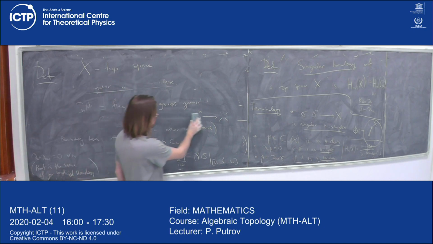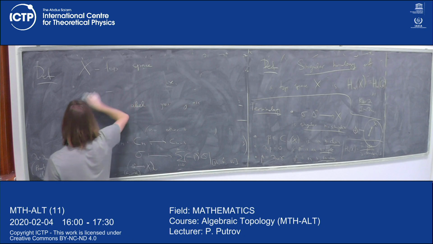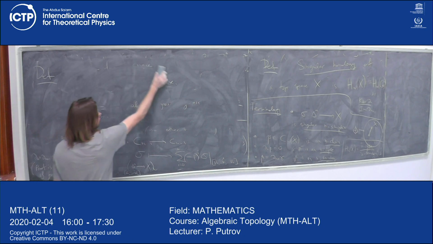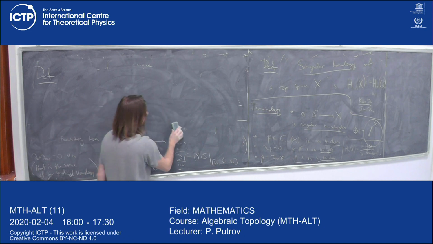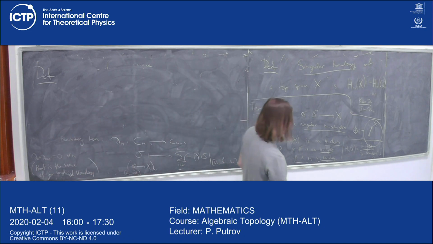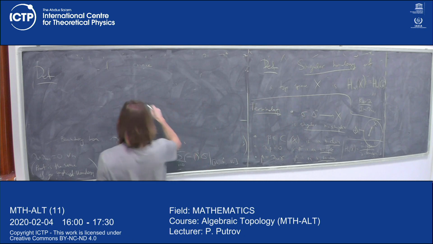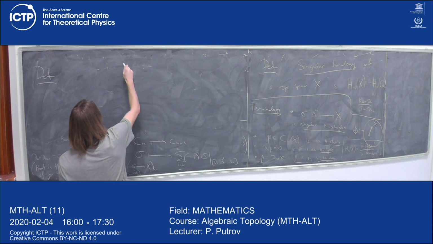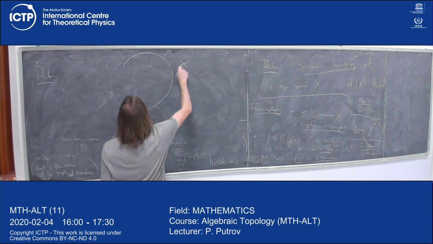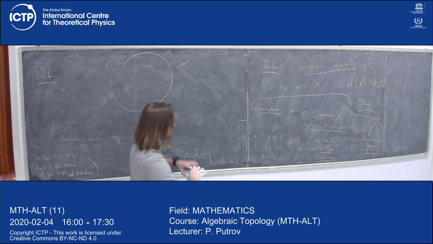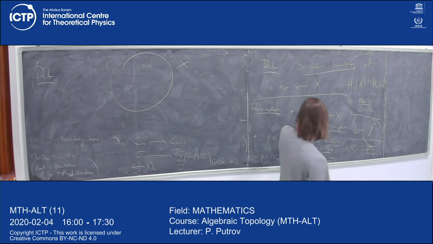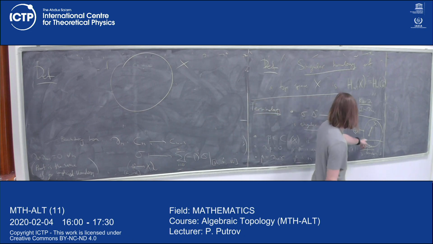Maybe to give you some geometric notation very roughly: a general n chain is just some crazy linear combination of these singular simplices.